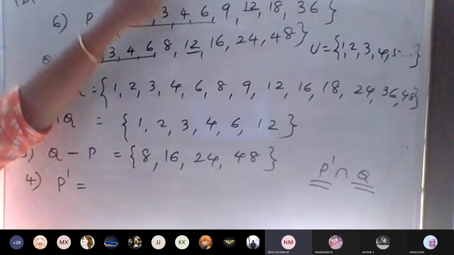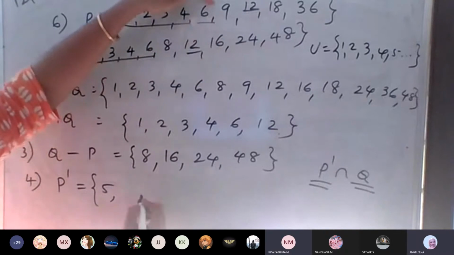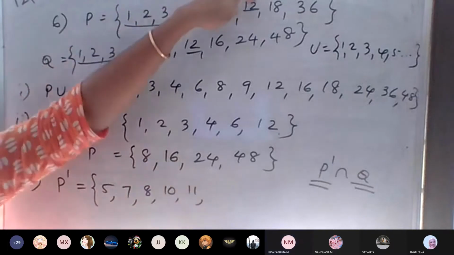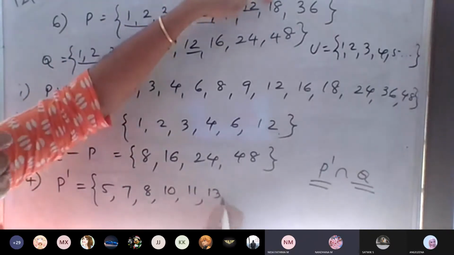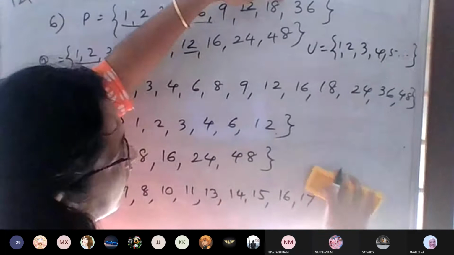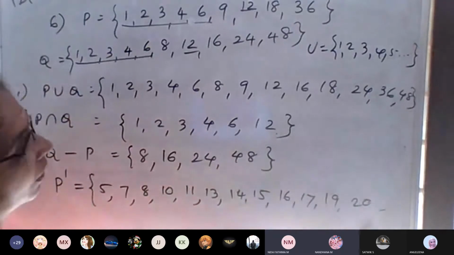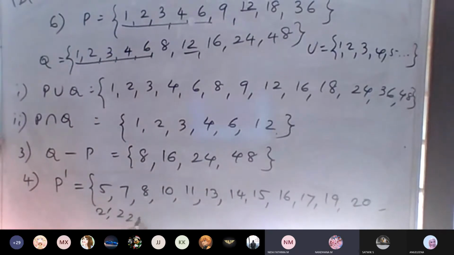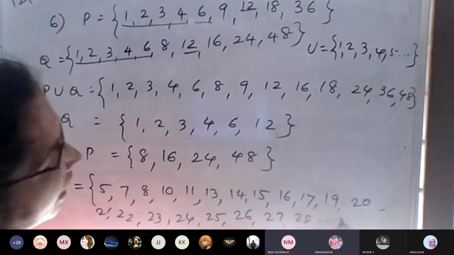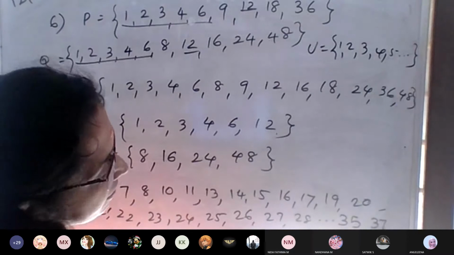So P complement means 1, 2, 3, 4, 5, 7, 8, 10, 11, then 12 is there in P, 13, 14, 15, 16, 17, 18 is there in P, 19, 20, 21, 22, 23, 24, 25, 26, 27, 28, etc. Up to 35.